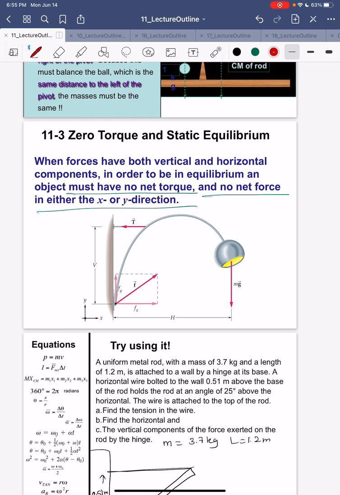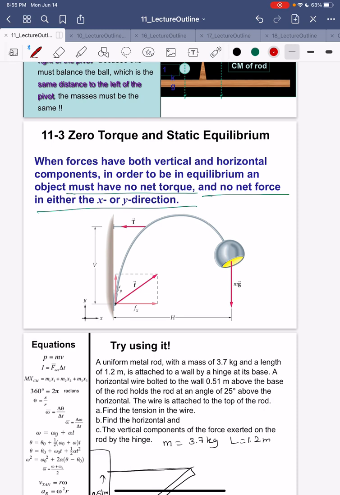Then, when forces have both vertical and horizontal components, in order to be in equilibrium, we need the net force in the x direction to equal zero, the net force in the y direction to equal zero, and the net torque also to be zero.